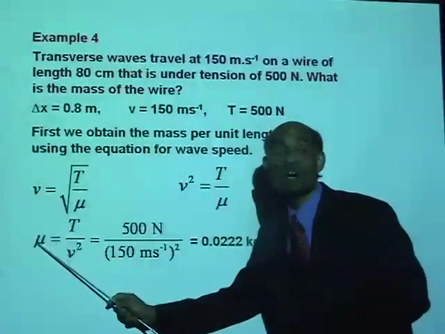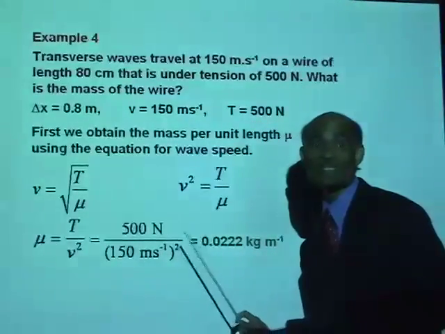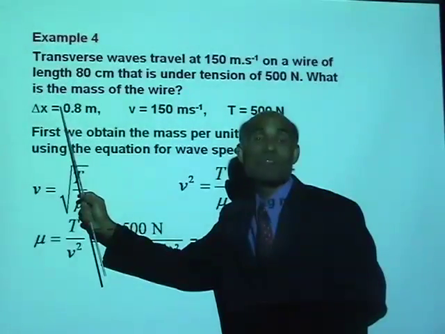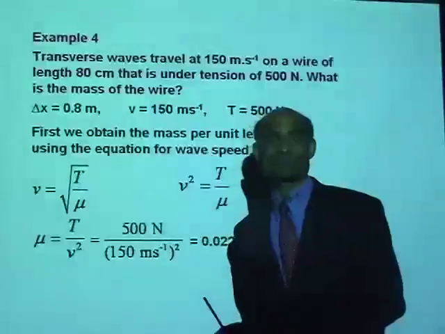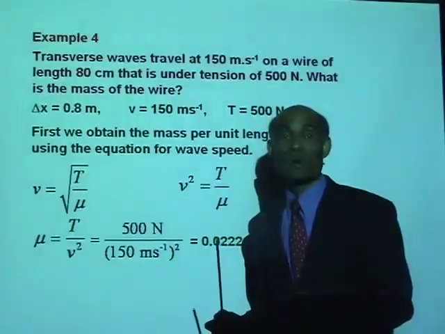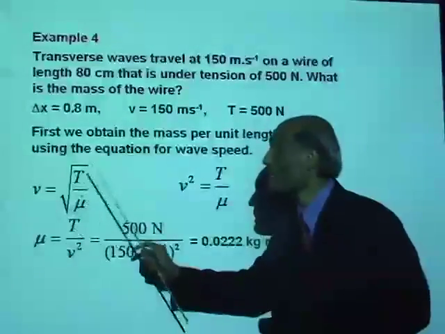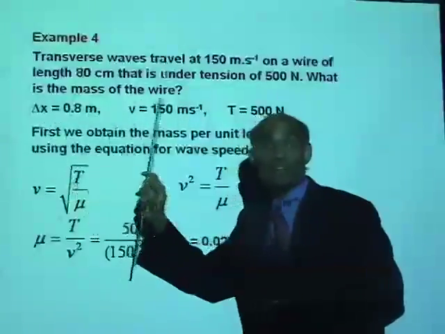Alright? If you know the mass per unit length, and if you know the length of the string, how will you find its mass? The total mass will be the mass per unit length multiplied by the length.